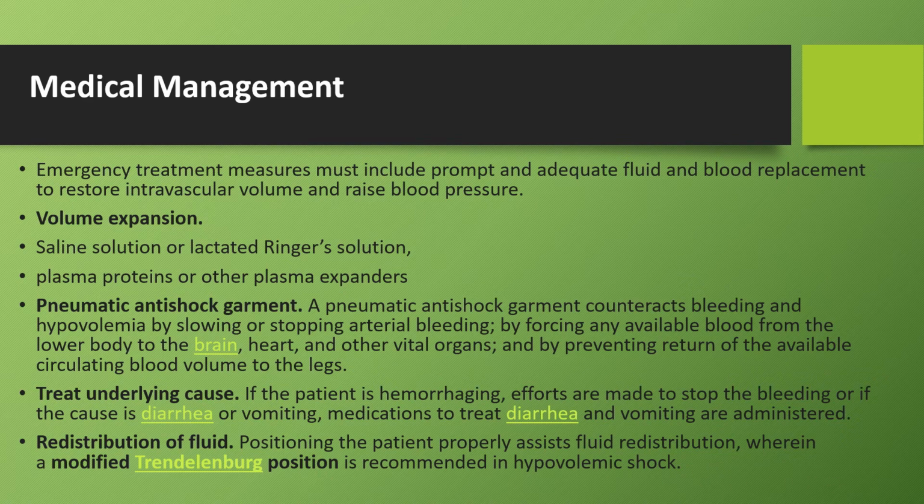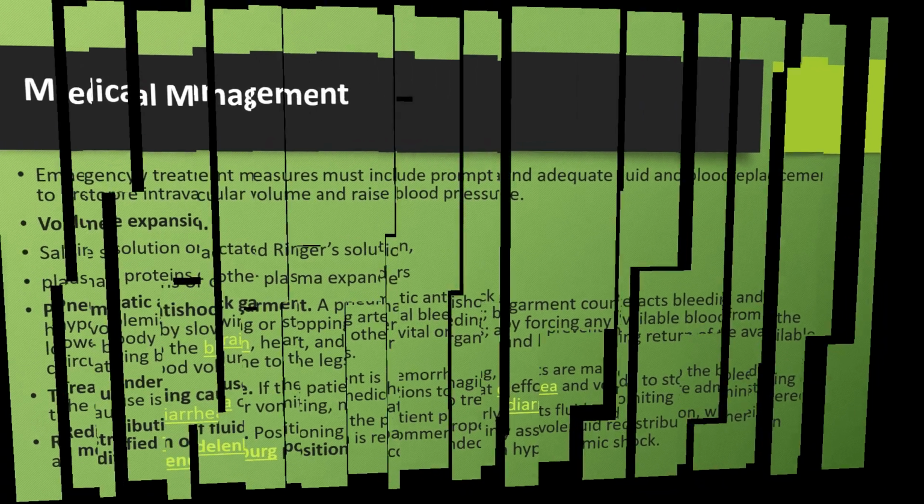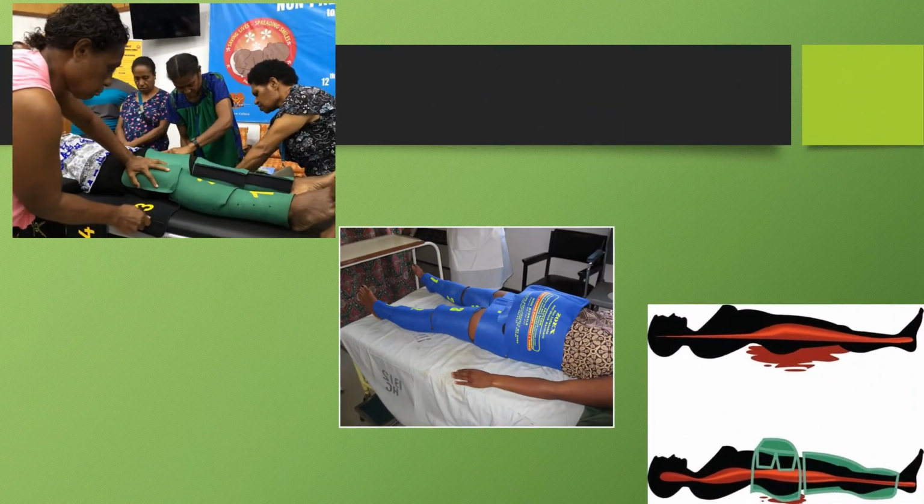Next one is the anti-shock garment. It will look like this if the person is wearing it. If the person is having hypovolemic shock, external bleeding or internal bleeding, whatever it may be, and is dressed in this anti-shock garment, the blood will circulate all over the body like this.